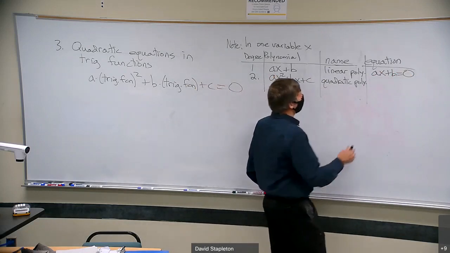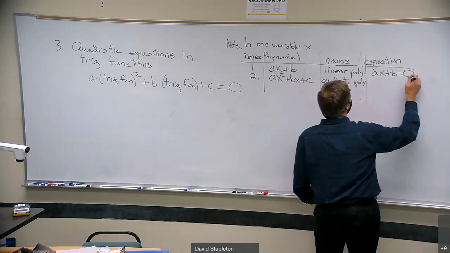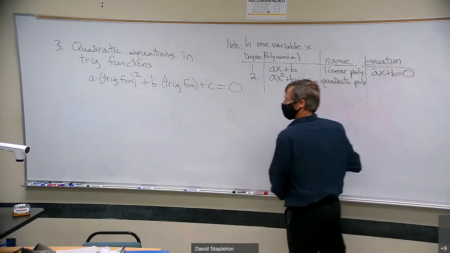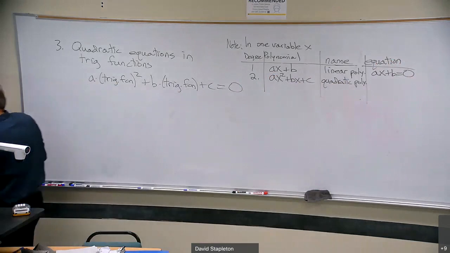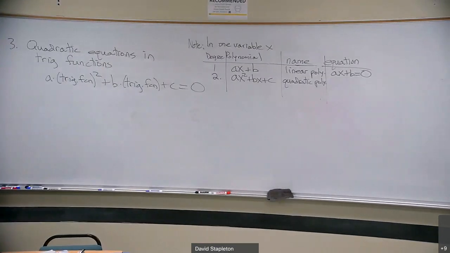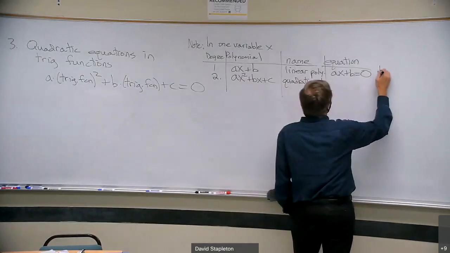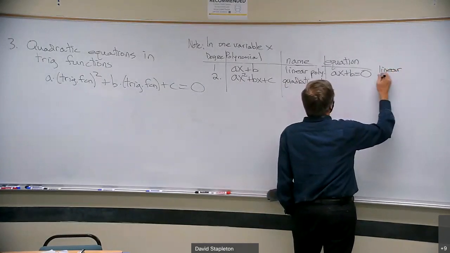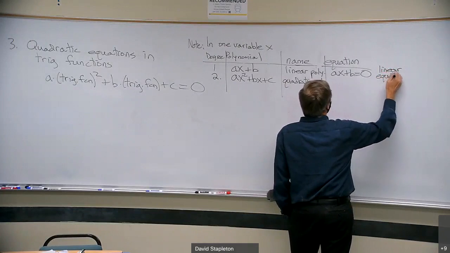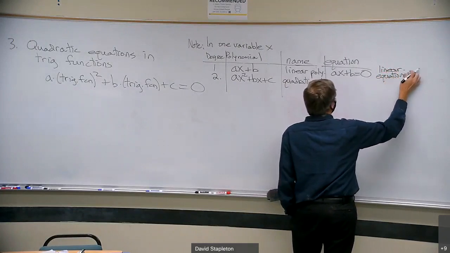A quadratic equation. So maybe I need a little more room here. So this is the equation. It's called a linear equation. Ax plus b equals 0 in x.